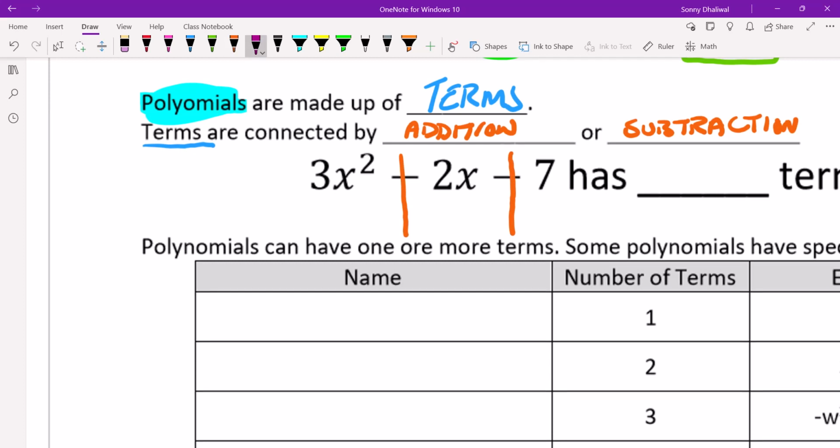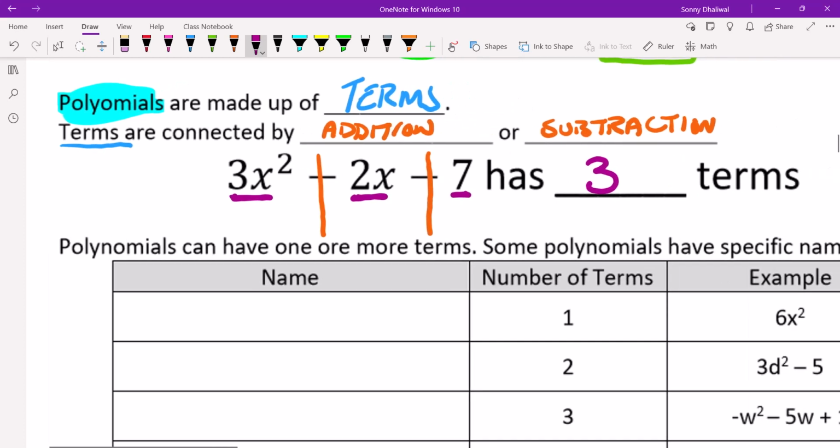Like, so this is a term, this is a term, and this has a term. Right? So terms are separated by plus signs and minus signs. So how many terms are there? Well, there's one here, and one here. Altogether, there are 3 things that we call terms. Is that okay? Not too hard?